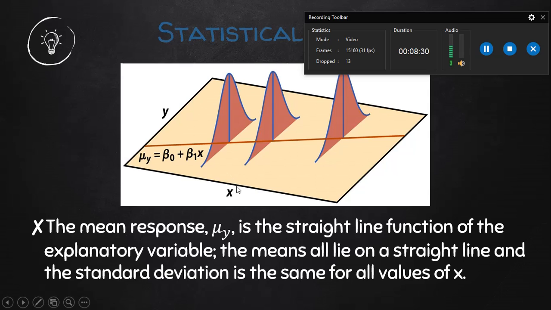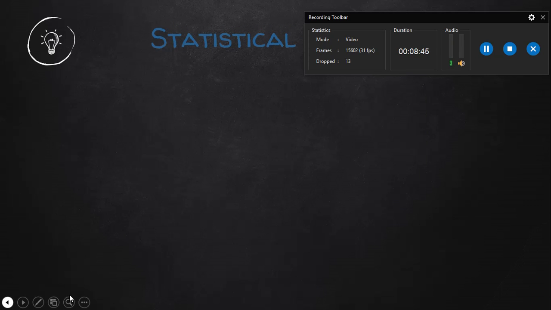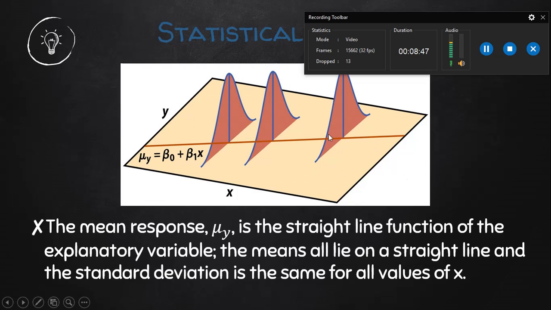But then what if x takes on a value of 30? Maybe it's the center distribution. Well, when x is 30, the response value for the mean y also can vary. This center represents the average response. The same thing is true. Maybe in this last curve, x is 50. But when x is 50, the average response could vary.